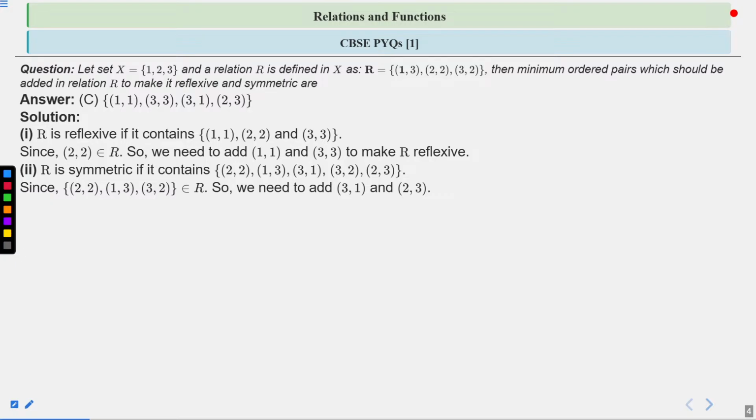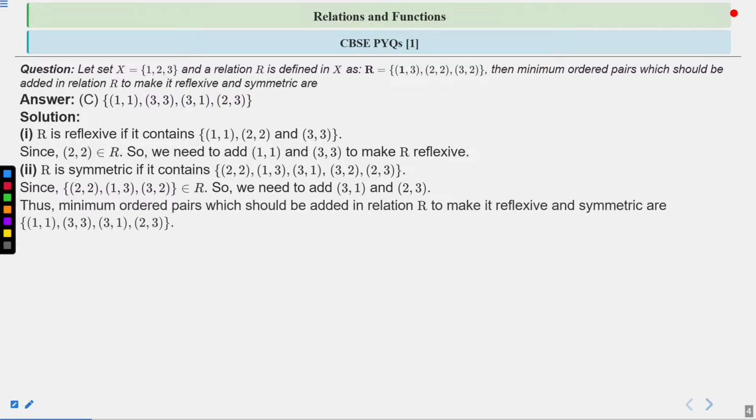So overall, what do we need to add in total? Thus, the minimum ordered pairs which should be added in relation R to make it reflexive and symmetric are (1,1), (3,3), (3,1), and, because (3,2) was already there, (2,3).